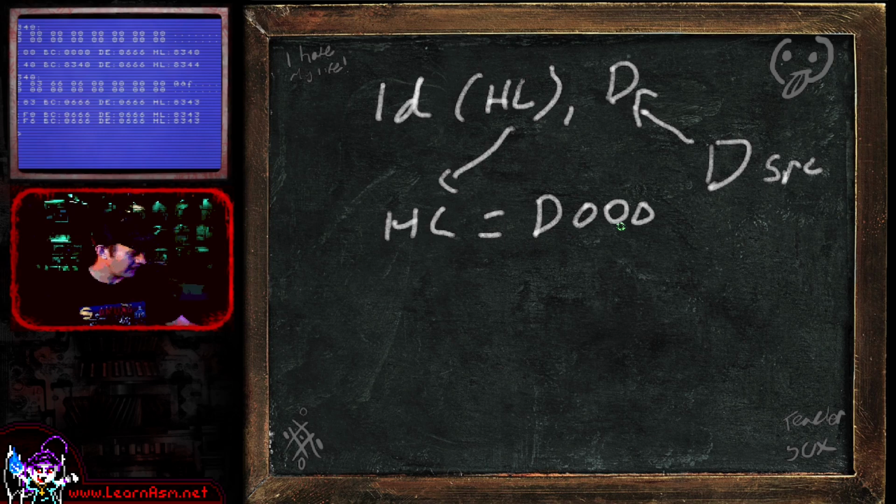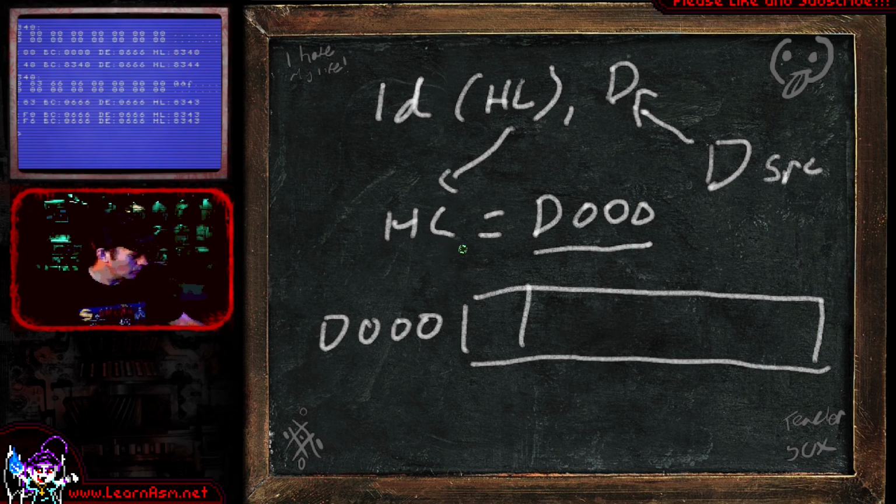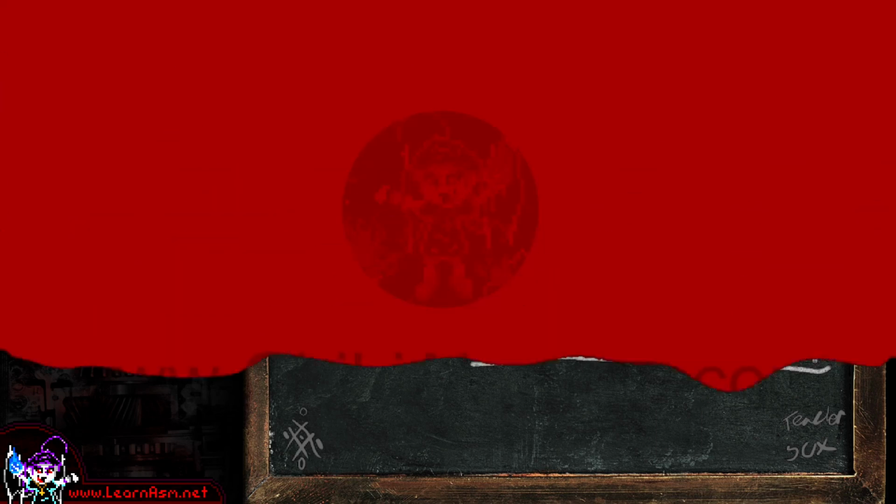That is used as the address, and this becomes the address. And so if we've got our memory D000, then the destination for D will become this address here. So these brackets here specify that HL is indirectly used to calculate the destination memory address. So D is stored to the address in HL in this case.